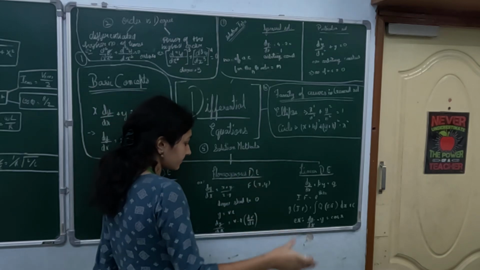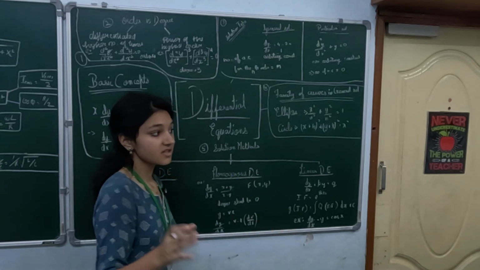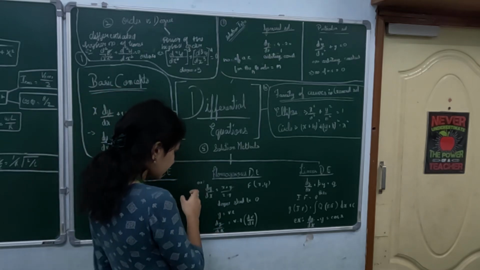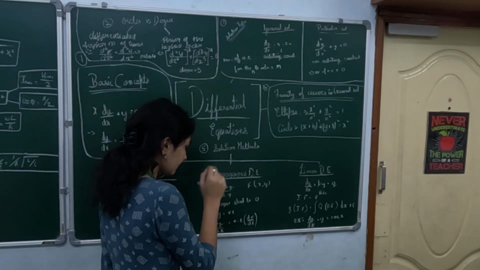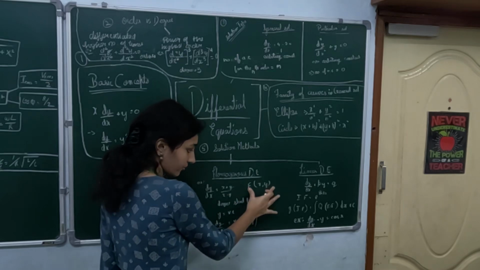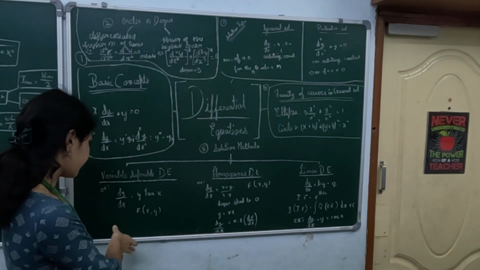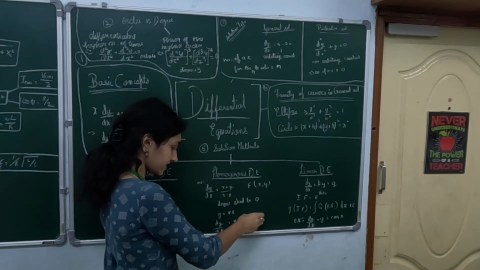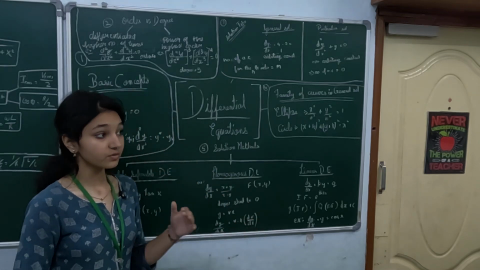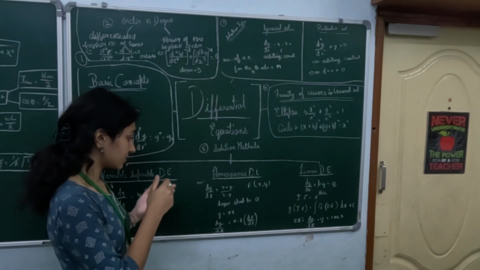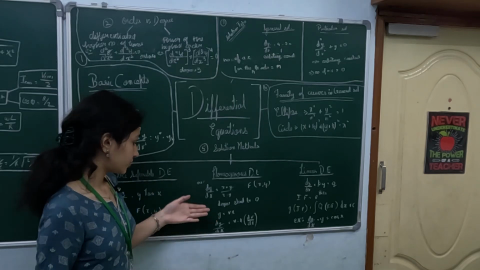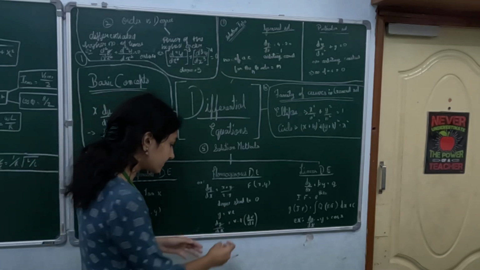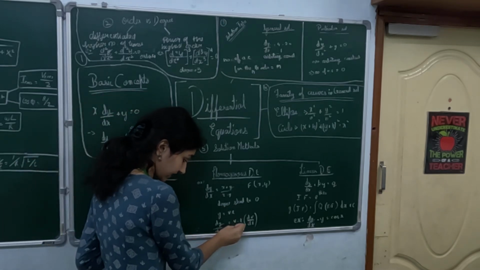Next, homogeneous differential equations, also known as variable inseparable differential equations. Example, dy by dx is equal to x plus y by x minus y. The formula is the same as variable separable, but the degree of the differential should be 0. Once we prove that it is a homogeneous equation, we use y is equal to vx, and then we differentiate in terms of v.